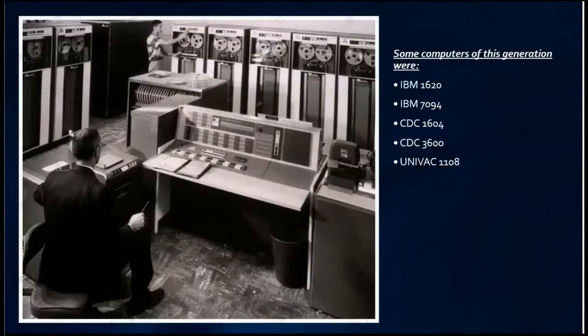Some computers of this generation were IBM 1620, IBM 7094, CDC 1604, CDC 3600, and UNIVAC 1108.